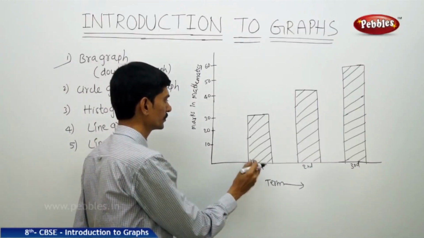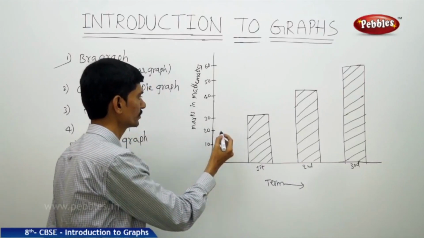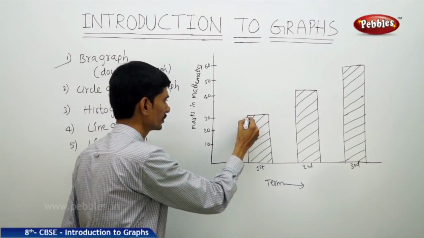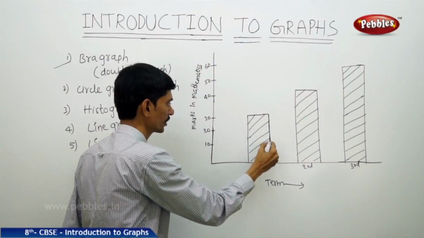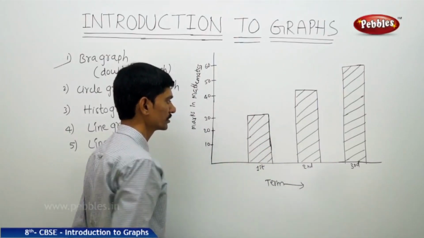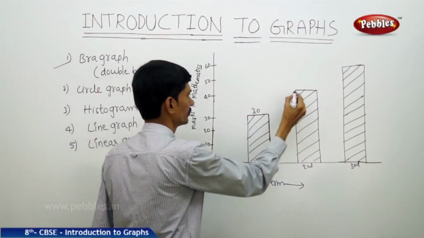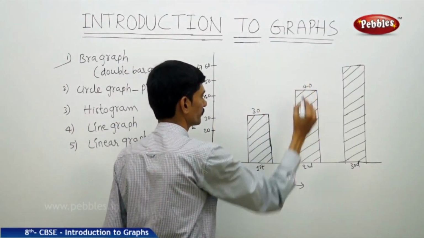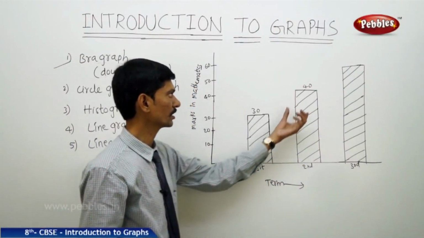In the first term he has got 30 marks in mathematics, so to represent the first term maths marks there is one vertical rectangle. In the second term he got 40 marks, so to represent the 40 marks in the second term exam there is another rectangle.